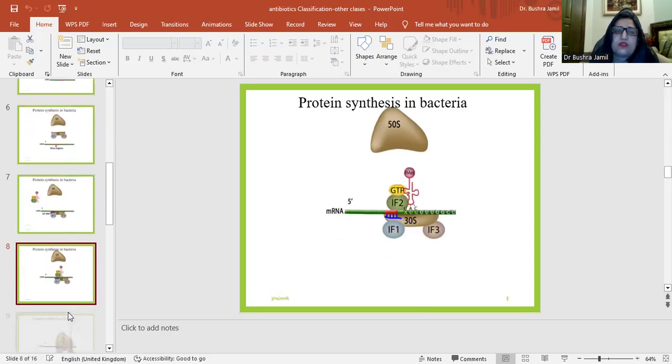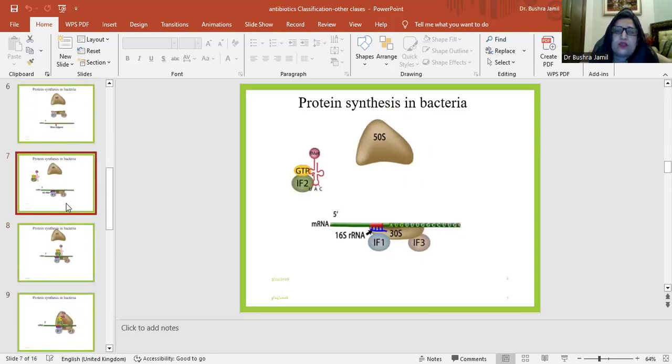Now, actually, the 30S ribosomal subunit has a sequence known as 16S ribosomal RNA that is complementary to the Shine-Dalgarno sequence.